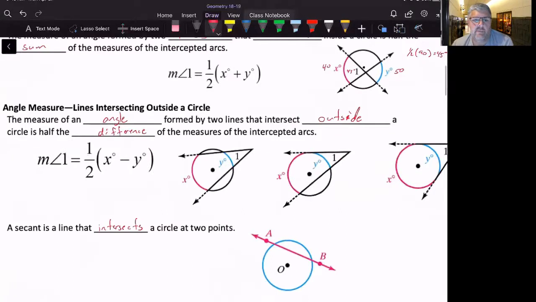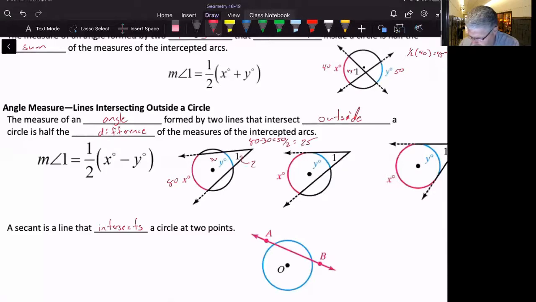If they intersect outside the circle, it's half the difference. So you would subtract them, divide by 2. So 80 and 30, let's say. You would subtract those two, 80 minus 30 would be 50, half of that.